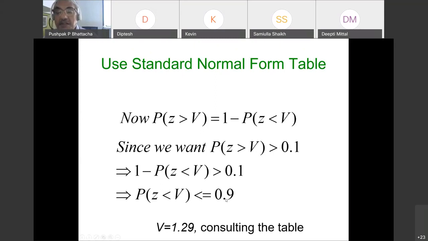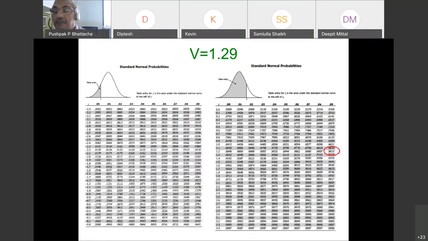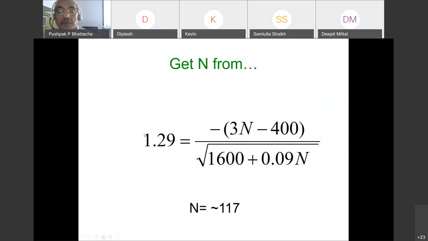Now, by consulting the z score table, I see that the probability of 0.9 under the normal curve happens when z is equal to 1.29. So now I have to equate 1.29 to that expression, which will yield me the value of n unsafe. And by solving this, I can get n equal to 117.